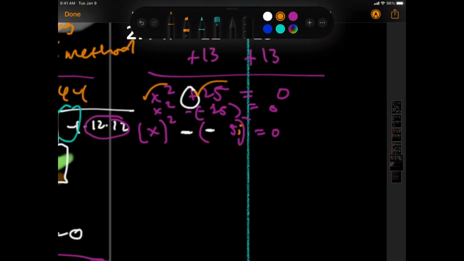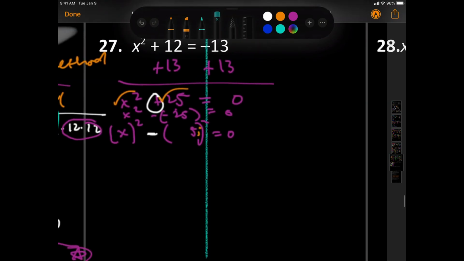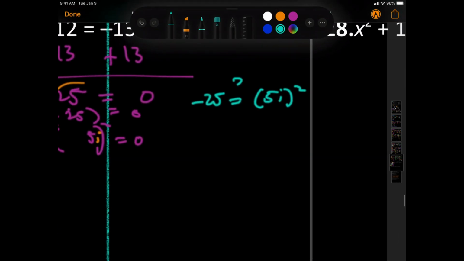So let's double check that really quickly. This one should not be. Okay, so let's double check. I'll do it over here on the side. Negative 25, is it equal to 5i squared? 5 squared, and then you have i squared, right?